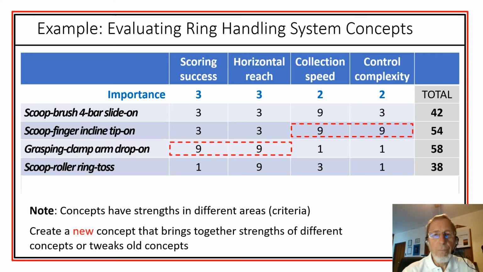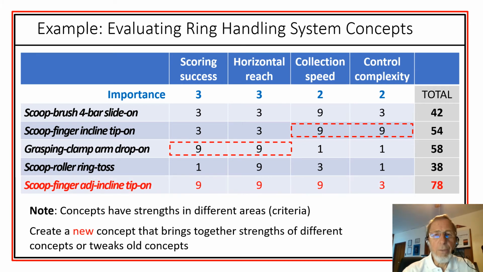So a new concept can be defined, added to this for additional scoring, and now using a scoop aided by fingers for collection, now modifying the incline so it's adjustable so that it can indeed reach further and score better, and then tipping the collection device to drop the ring on to the peg would be the way of scoring.